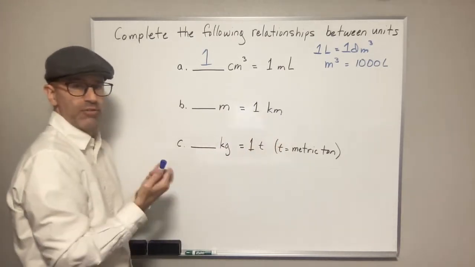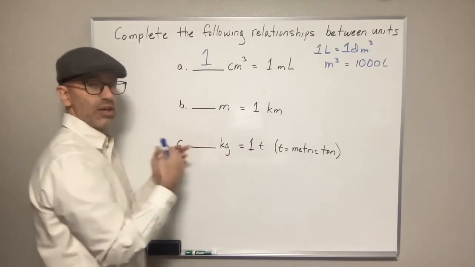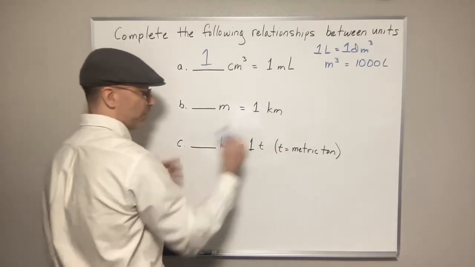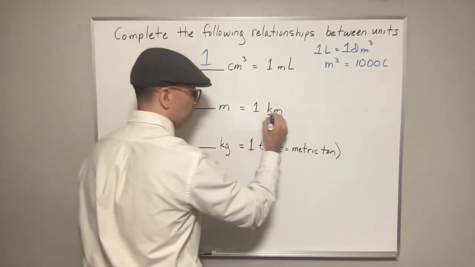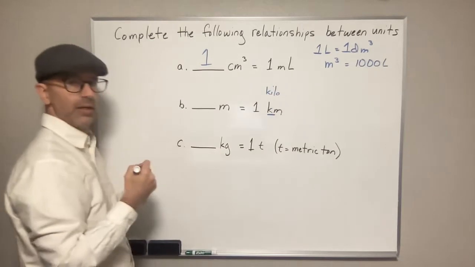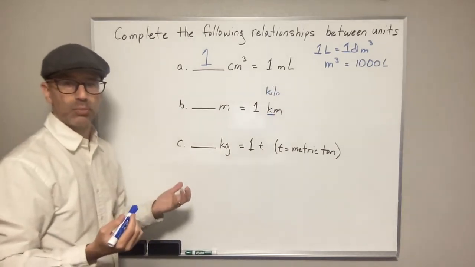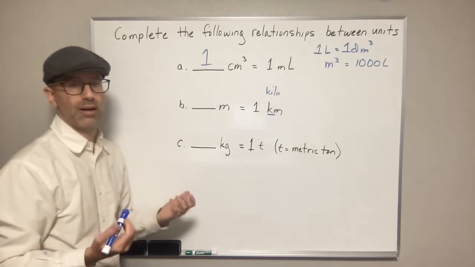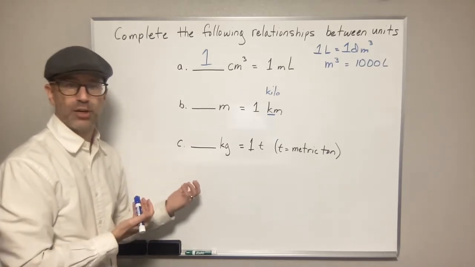Now, if they give you something like this and they don't put the one with the prefix, right here, you've got the prefix K. K stands for kilo. And we got to know what the prefix multiplier for kilo is. If we don't know what the prefix multiplier for kilo is, we're not going to be able to figure this out.